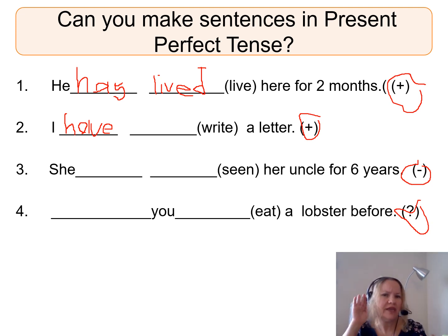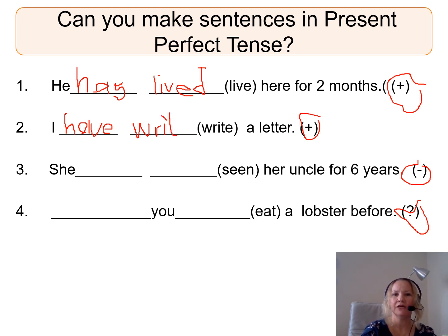Verb 3 of write is written. Sometimes it's a bit challenging to memorize all these verbs in verb 3, but it will become a lot easier as you practice. Lovely. Well done.